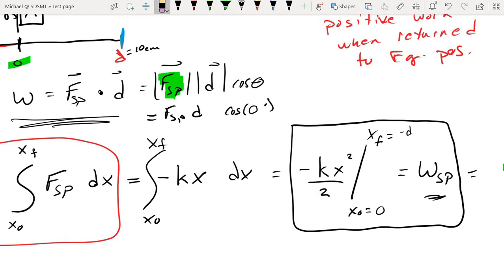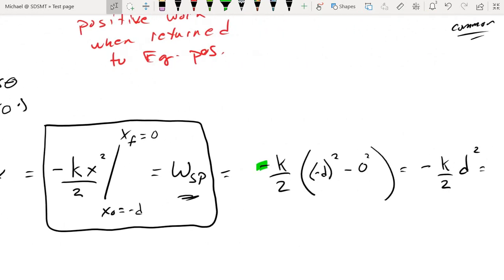So we come over here and adjust the limits on our integral. Starting at negative d, ending at 0. All that does is transpose the limits. So we're now ending at 0. And we have to subtract the evaluation at the initial. So let's count how many negative signs we have here. There's the 1 on the k, 2, and then 3, 4, because everything has been squared here.